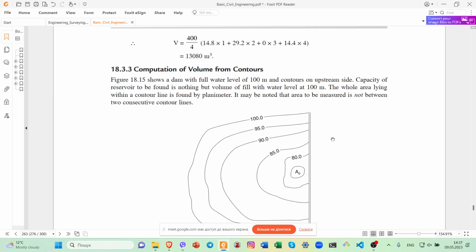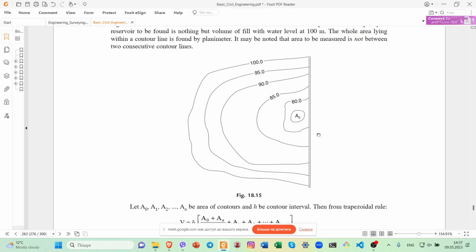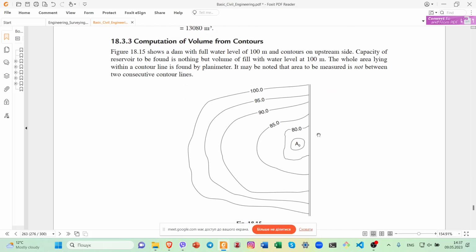And the next subject is computation of volume from contours. This figure shows a dam with full water level of 100 meters and contours on the upstream side. The capacity of the reservoir to be found is nothing but the volume of fill with water level of 100 meters.